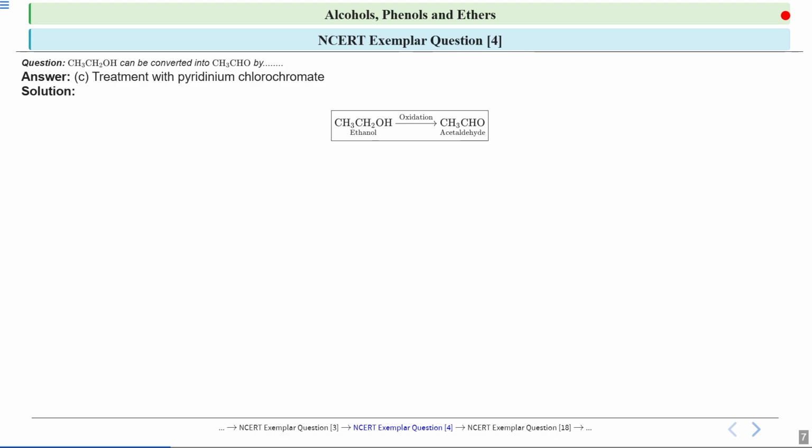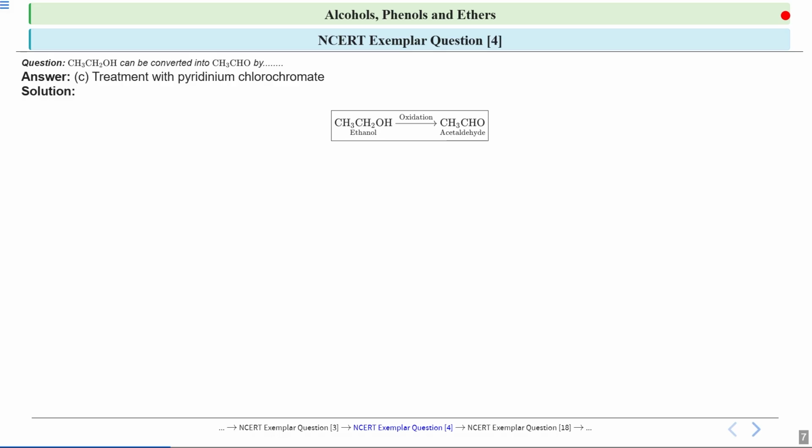So what is given to you in the question? There is an alcohol, and you have to convert that alcohol into an aldehyde. Here ethanol is given, and you have to convert it into an aldehyde, which is acetaldehyde. For this process, you have to do oxidation. It is an example of oxidation where your ethanol loses hydrogen atoms.